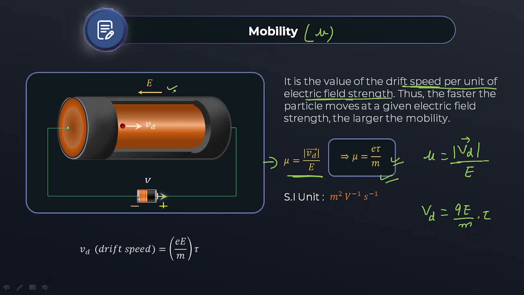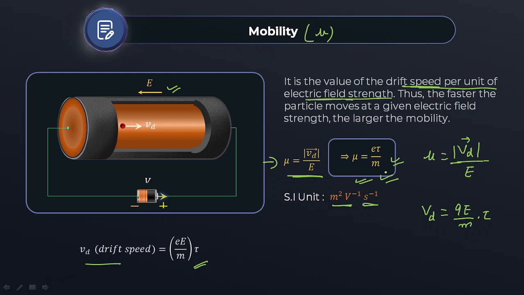How much electric field we have developed across the conductor? That will give us mobility. So the SI unit will be what? Meter square per volt second. So drift speed will be equal to eE by m into tau. So we can put the value and simplify. Simple. These are small terms, but sometimes in questions they will say that some current is flowing or give the drift velocity, and you have to find the mobility of the electron.